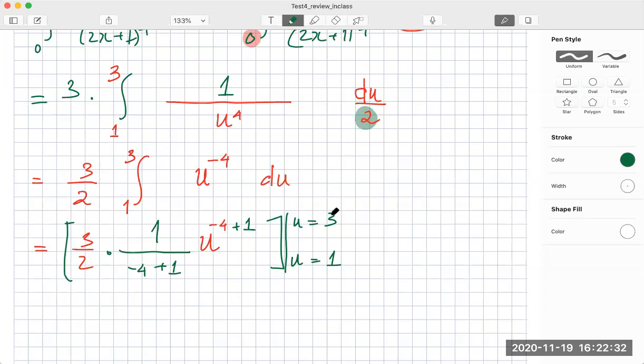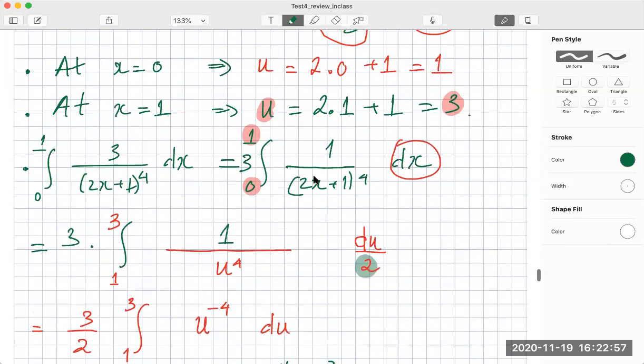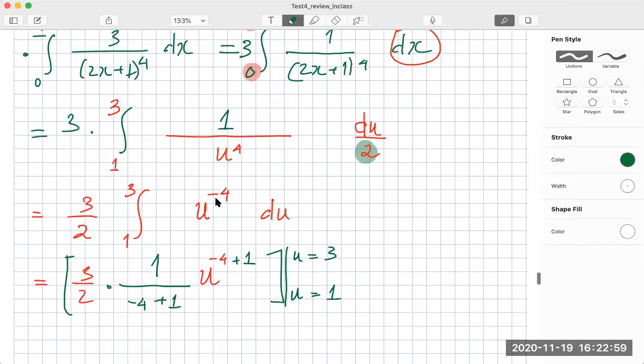Is it clear up to this step? Gary, Dylan? So du is just a constant, so it's not anything. Before that, the variable was x, right? But now the integral becomes an integral of the variable u, because we changed the variable.